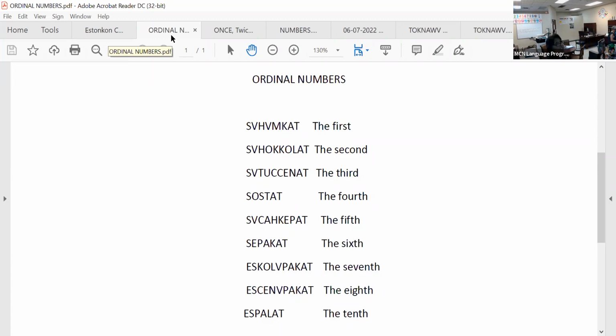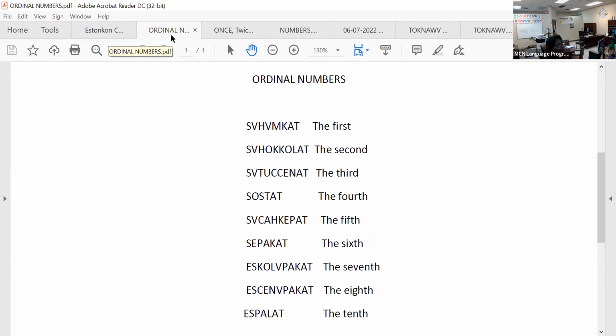The first is sahamgat. The second, sahokolat. Remember, number 2 is hokolan, but the second is sahokolat.